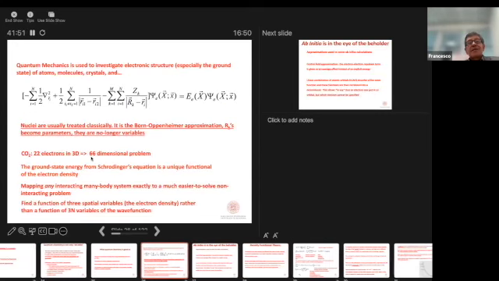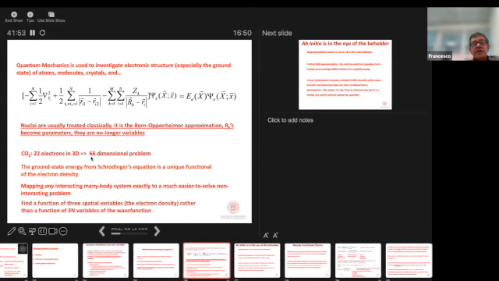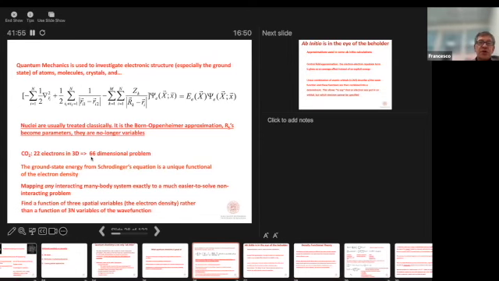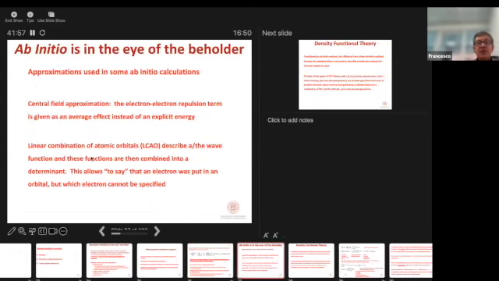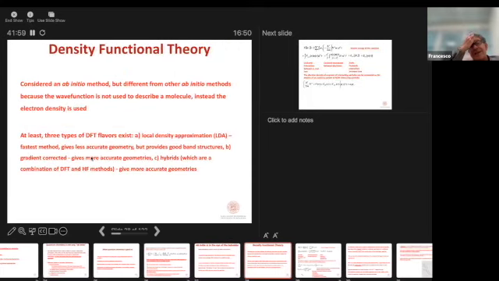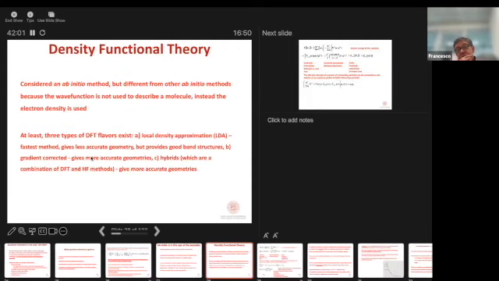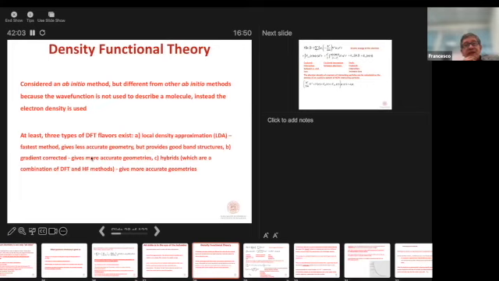So let's change the picture here. Here we have a very high dimensionality, but then comes in density functional theory. And what does density functional theory say? It says, let's forget about the entire thing. We have an electron density, and the electron density depends on the 3 Cartesian coordinates, x, y, and z.